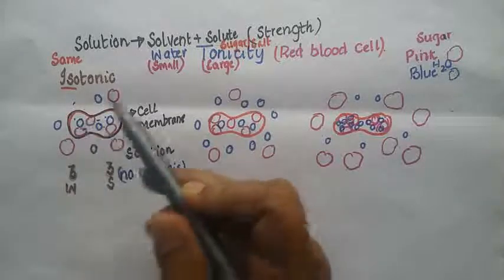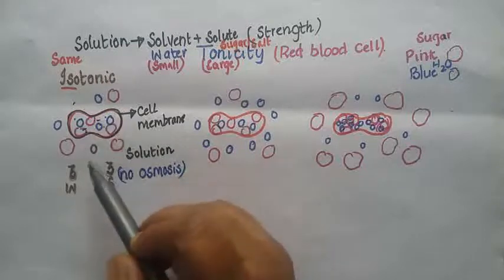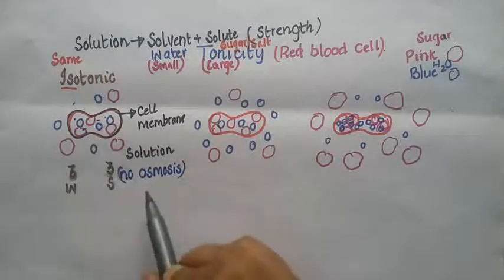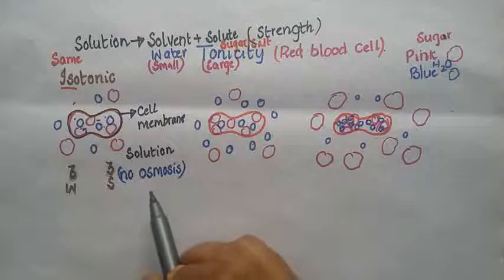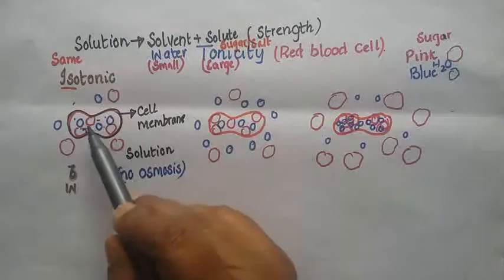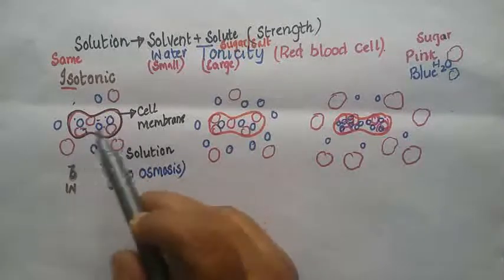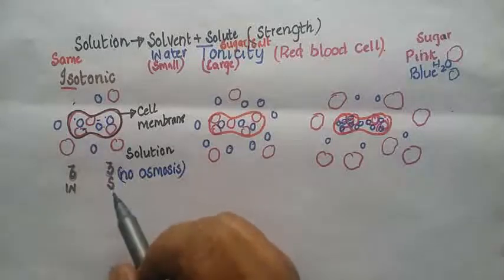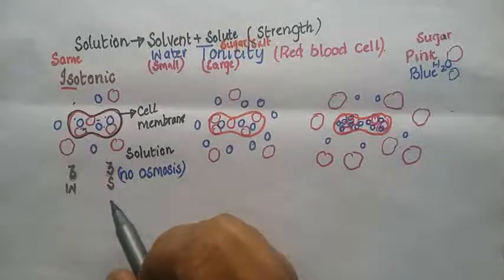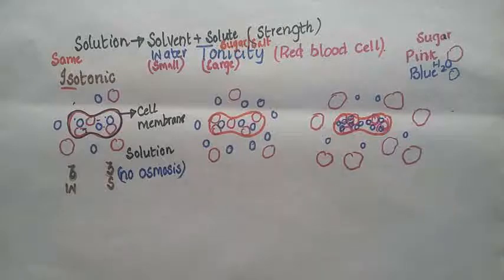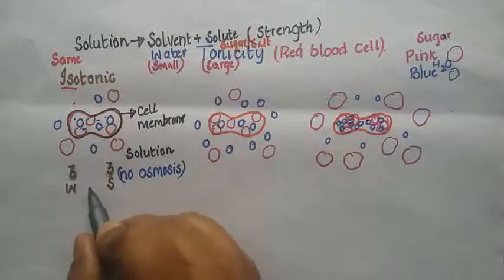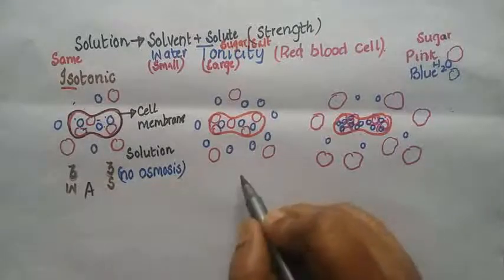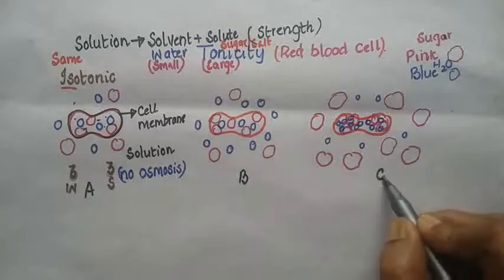There may be no increase or decrease in the size of the RBCs because there is no osmosis occurring, since the concentration of water and solutes are the same on either side of the cell membrane. Right? Now, let us move on to the second diagram. Let me name these as A, B and C.